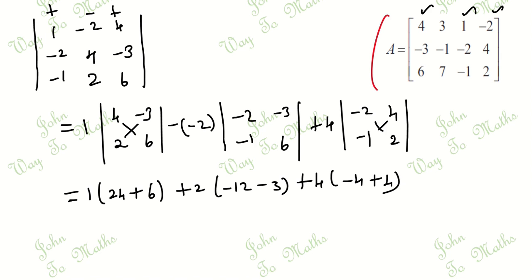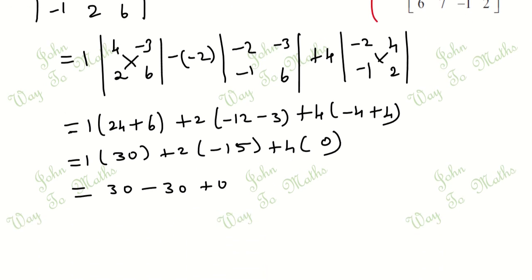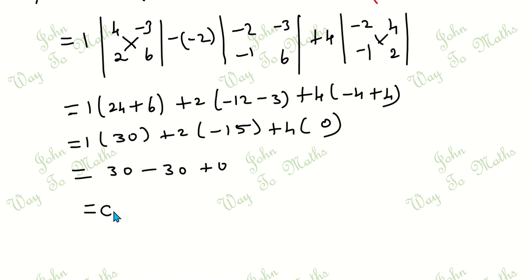Okay, then which is equal to 1 times 24 plus 6 becomes 30, plus 2 times minus 12 minus 3 becomes minus 15, plus 4 times plus 4 minus 4 becomes 0, so which is equal to 30, plus into minus we get minus 2 times 15 becomes 30, here 0, so final answer becomes 0, so the determinant becomes 0.